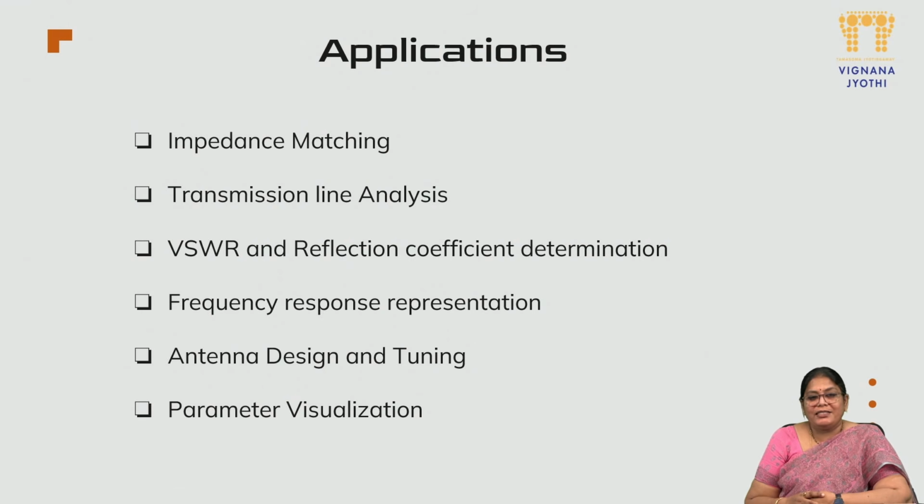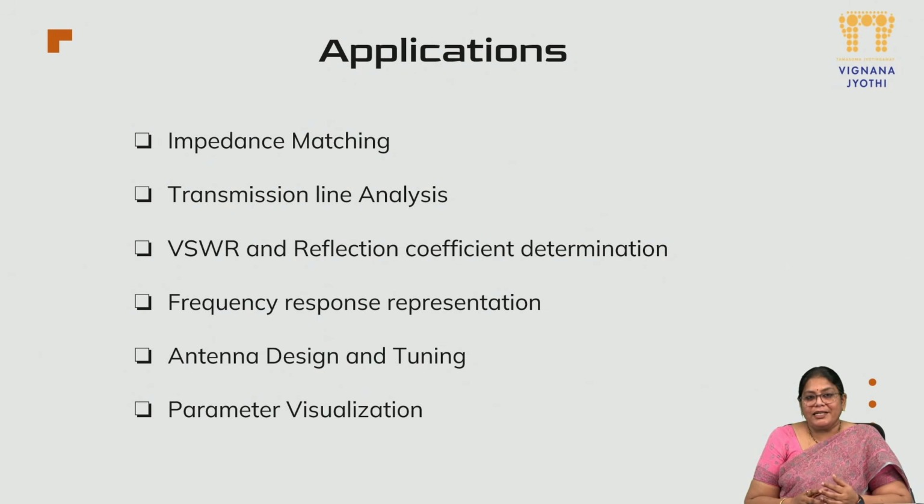And also we can see the frequency response representation, that is how your load impedance is varying with respect to frequency. Generally there will be a trace, a kind of curve, in a Smith chart, based on which we can always see how good it is matched to the load, because we were talking about the prime center, where we said that ZL corresponding to the normalized value of Z0 is equal to 1.